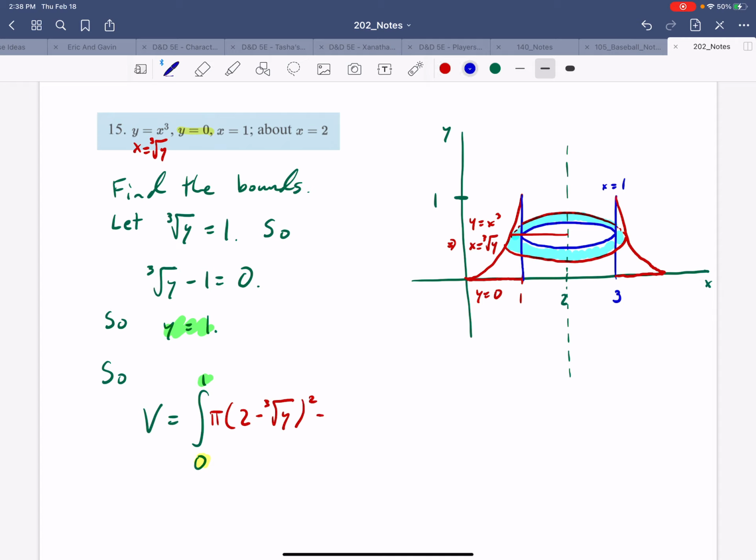Minus, and then here's where it gets even a little more unusual, but I think it's in a good way. What is the length of this curve? It's 2 minus 1, otherwise known as 1. Do you see that? No matter where your cross section is, this inner circle always has radius 1.